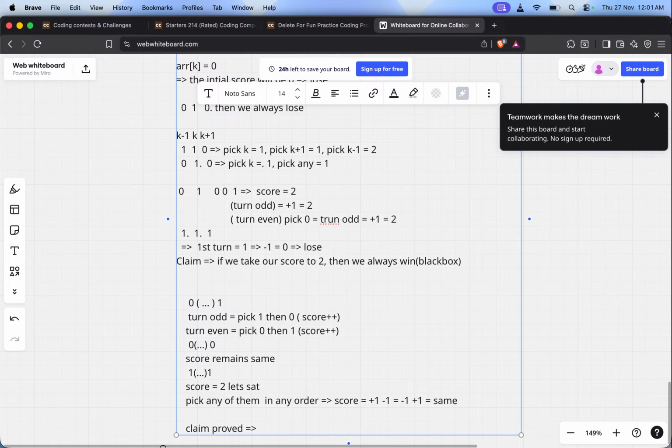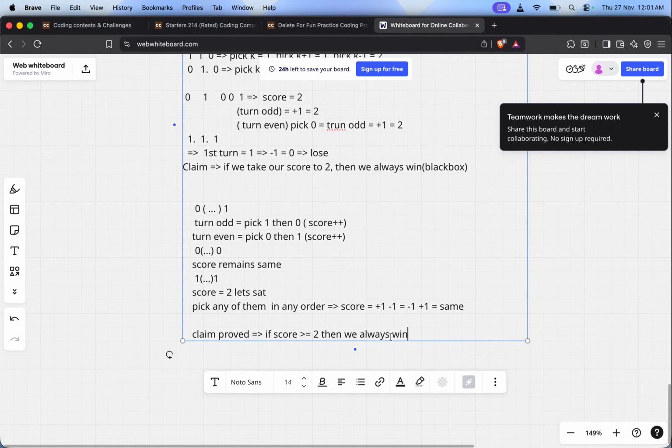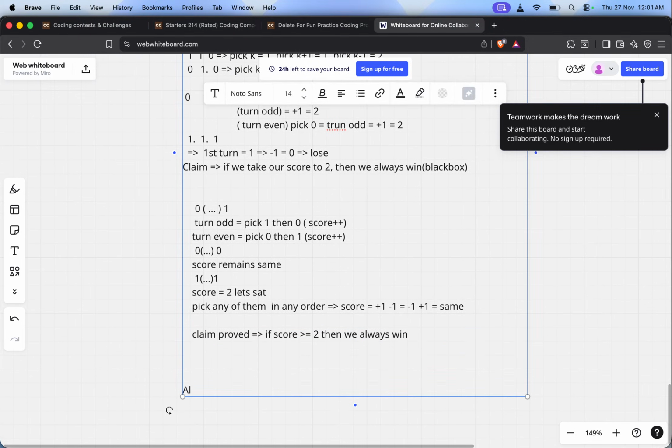If we have a score at least greater than or equal to 2, then we always win. So let's implement it with the following algorithm. What will be our algorithm? Start from k.